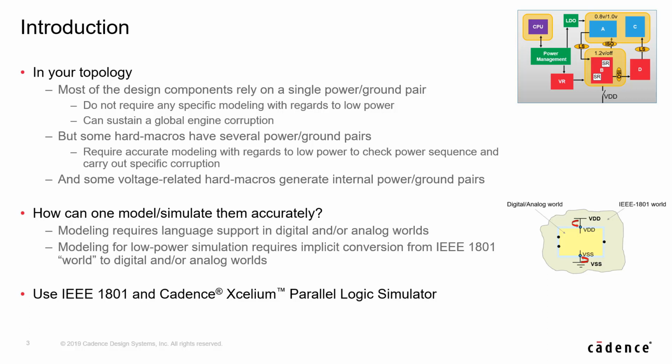You may want to model the low power sequence and check for it, for example, that your backup power has been set up before the standard ones. And you may also carry out specific corruptions, meaning for the same example of a memory, you may want your memory control to be corrupted or the memory array to be corrupted specifically.